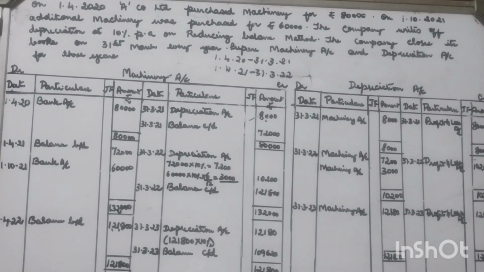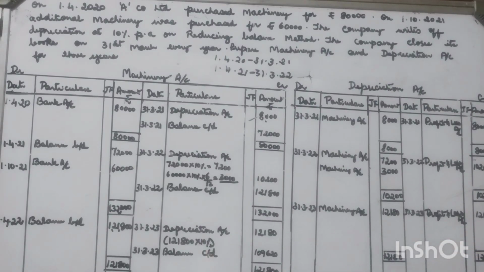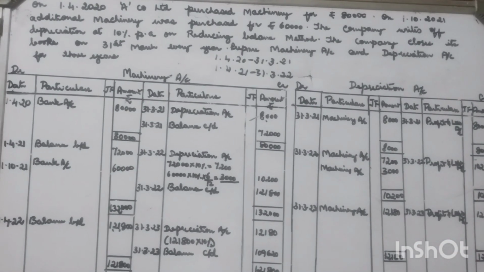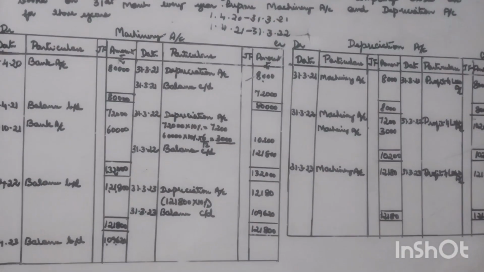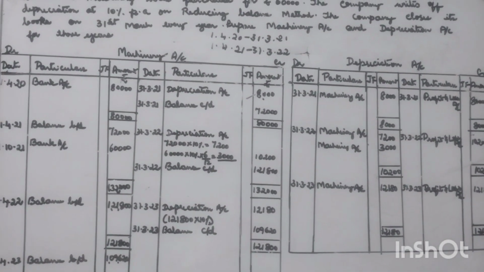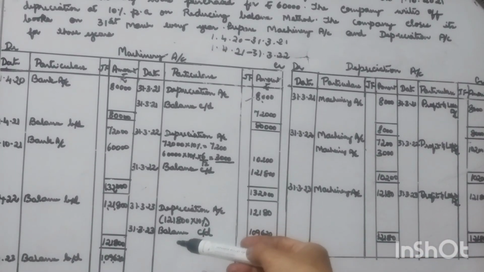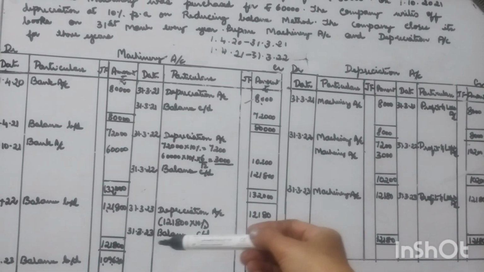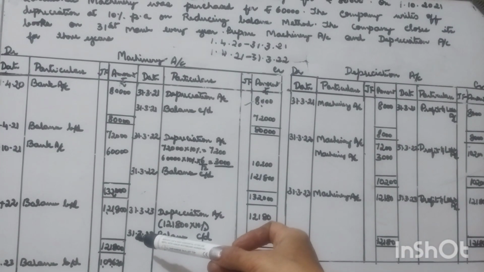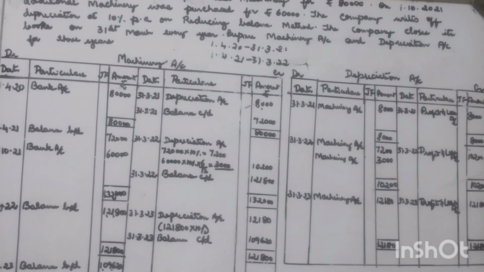So the depreciation amount will be 12,180, and the closing balance has to be ascertained. The closing balance will be 1,09,620. It has to be recorded as balance carried down on 31/3/2023.